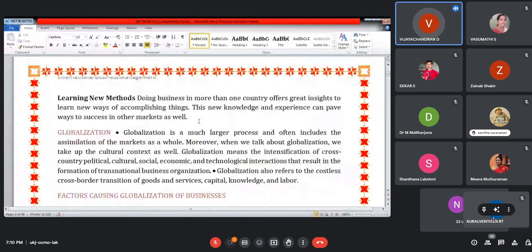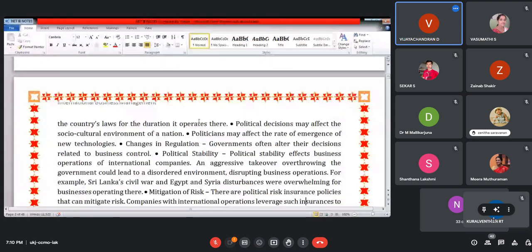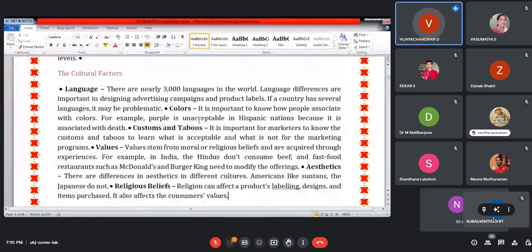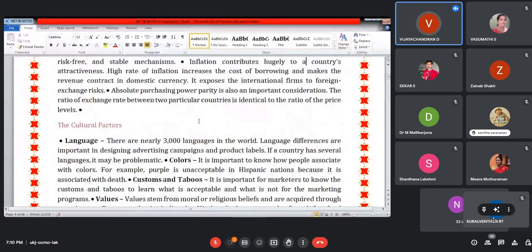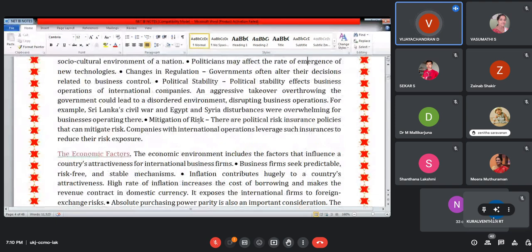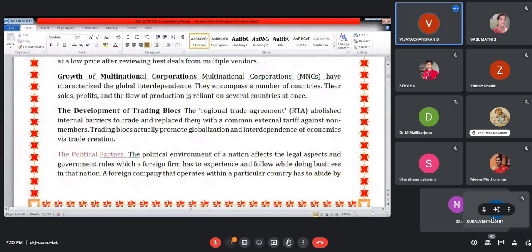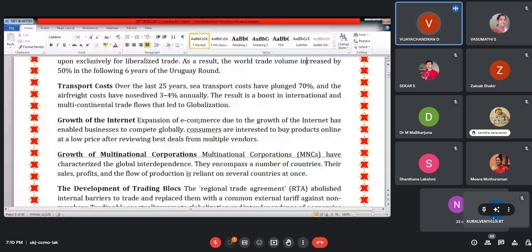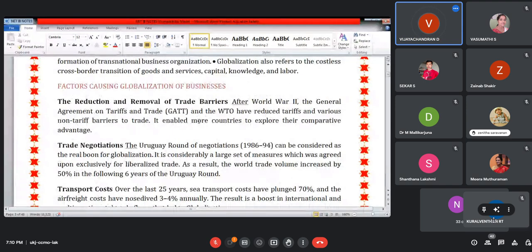Okay, next I am moving into what are the factors involved in international trade. What are the factors you have to keep in your mind while doing international trade? Before that, what are the factors why you are going for international trade?